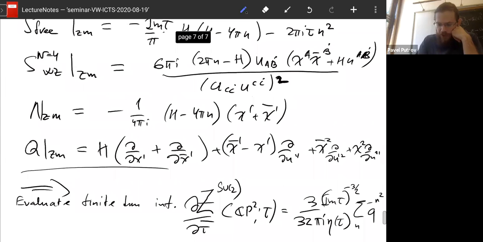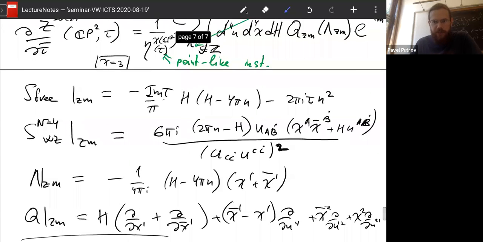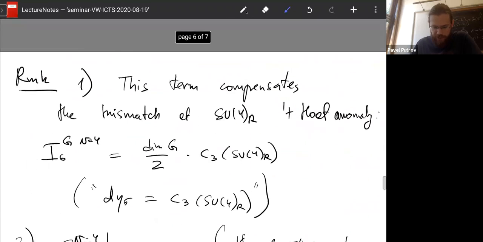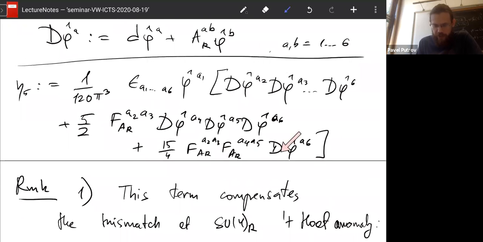Well, those expressions are specific for CP2. They were obtained from this eta 5, and explicitly writing it on CP2.